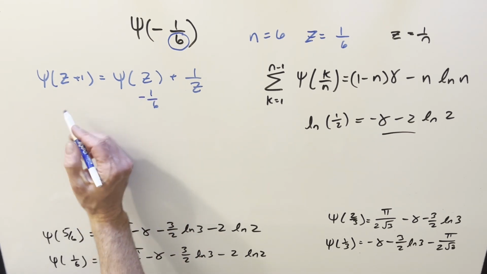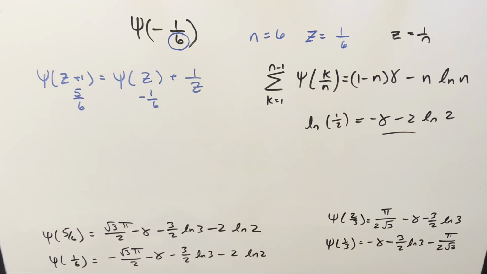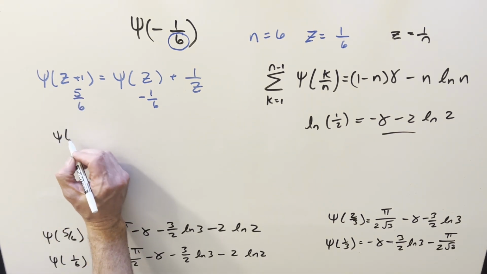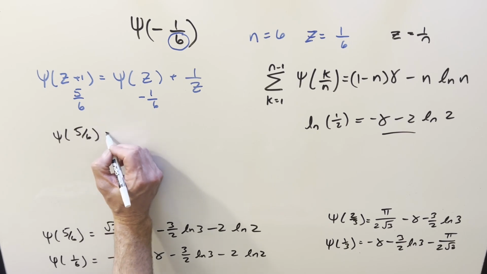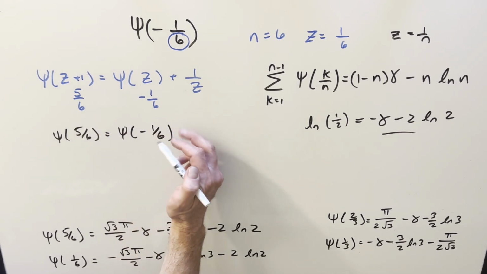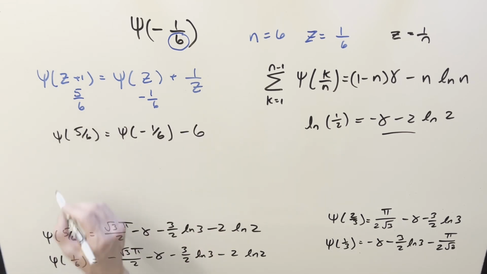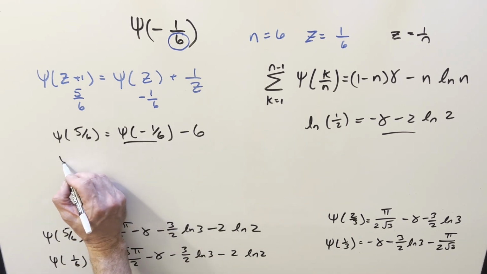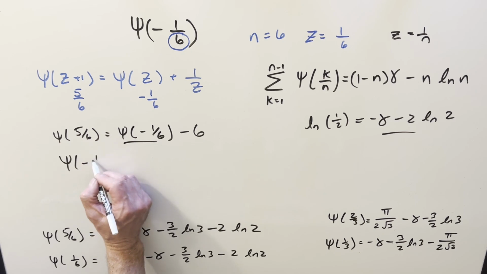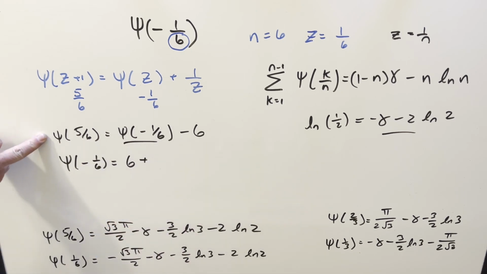So if you add 1 on this, what we're going to want as an input here is 5/6. So just plugging into this, what we have is digamma 5/6 equals digamma minus 1/6 plus 1 over this, which is going to be minus 6. So just solving it for the value we want, digamma minus 1/6, it's going to be 6 plus digamma 5/6.